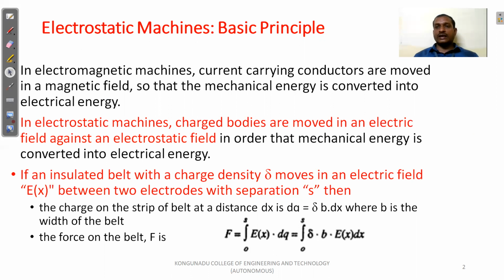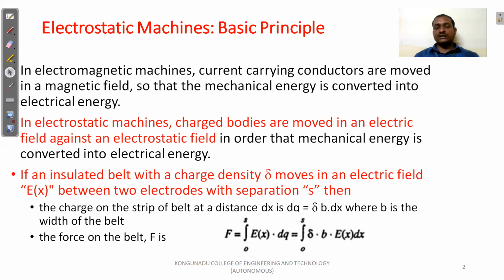This is called electromagnetic machines; it works on Faraday's law of electromagnetic induction. In electrostatic machines, charged particles are moved in an electric field. We create the electric field, and when charged particles are moved in this electric field, our mechanical energy is converted into electrical energy. This is the principle of electrostatic machines.